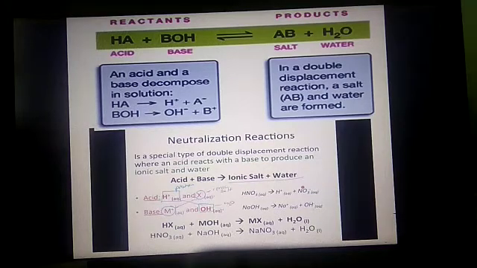The base, when it reacts with OH, gives NaOH, sodium ion plus hydroxide ions. HNO3 plus NaOH, acid plus base.